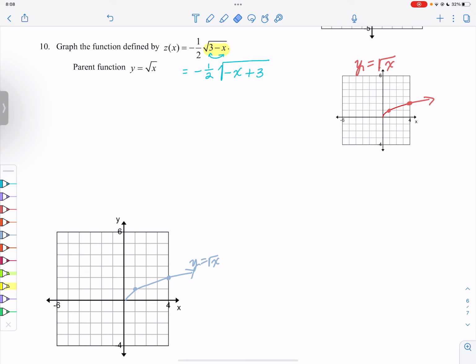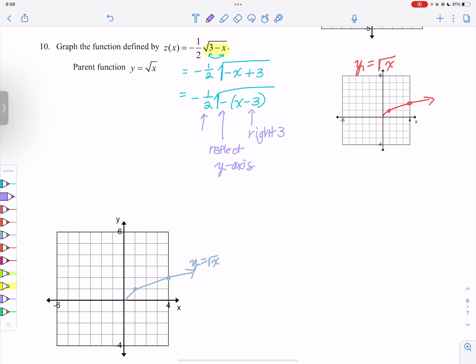Which is equal to taking this negative out and writing it like that. Now that I think will help you. So here is a horizontal shift to the right, and I'll just write right 3. That's horizontal. And then this is a reflection across the y-axis. Remember, we're taking the opposite of those x values.